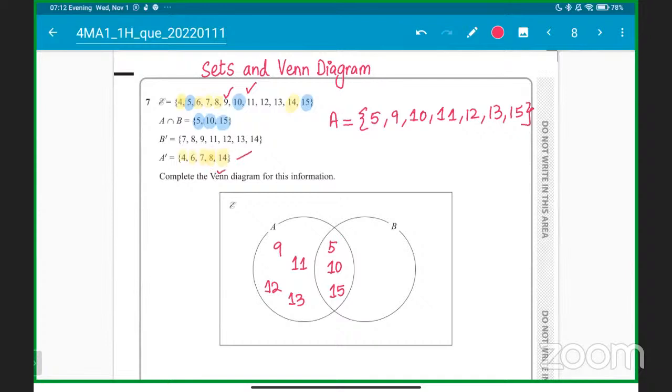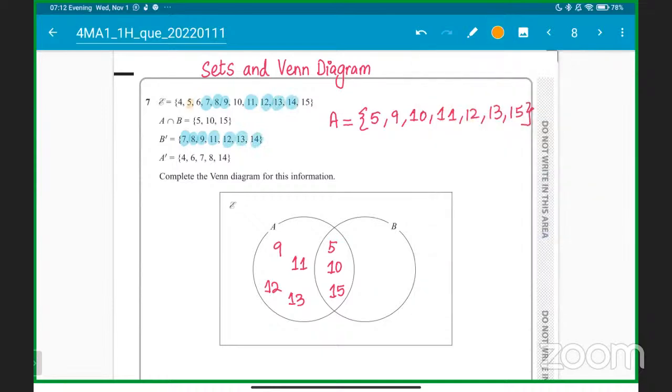A complement are 4, 6, 7, 8, 14, which will come outside A. Understood? Now let's work out B the same way. We compare B's complement 7, 8, 9, 11, 12, 13, 14 with the universal set.